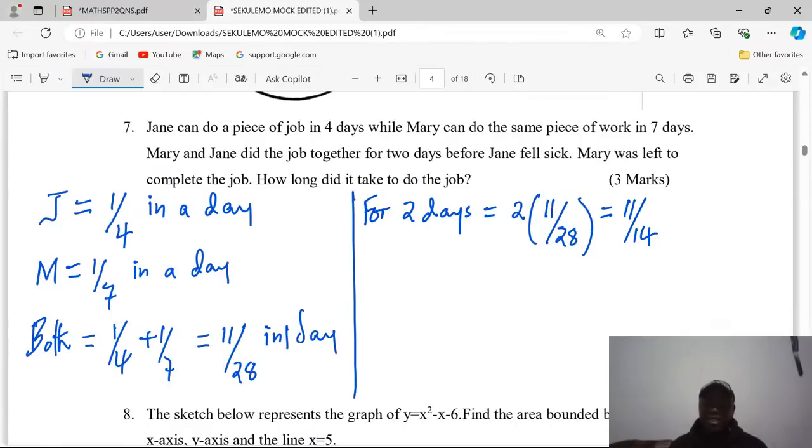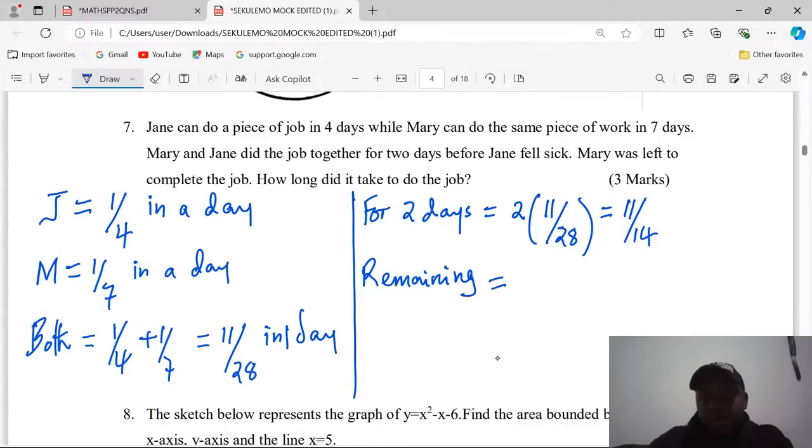So when we multiply by 2, they had worked exactly 11/14 of the work. There is a remaining proportion, which is 1 minus what has been worked, and this is 3 out of 14. So 3/14 of the work is what has remained undone.